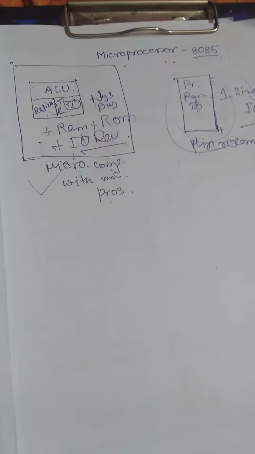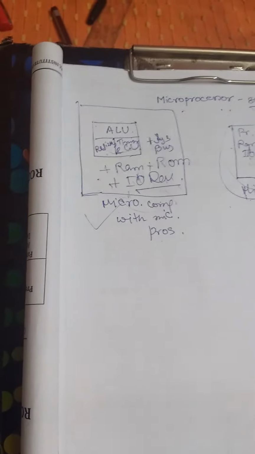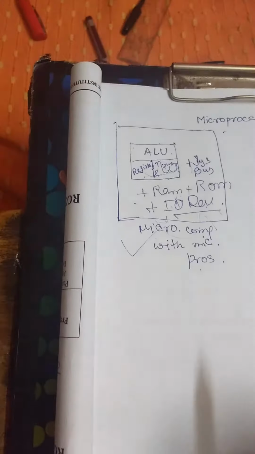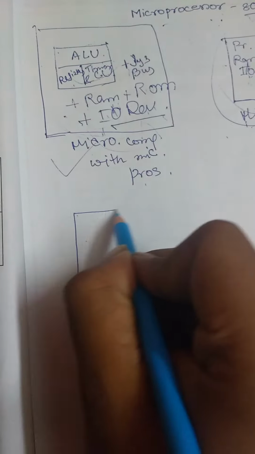Now let us study a bit about the microcomputer architecture. Well, the microcomputer architecture is simple. We will have one microprocessor here. Let's draw it big.